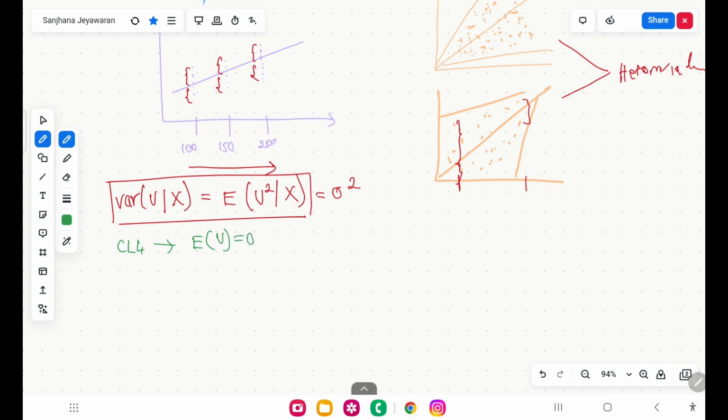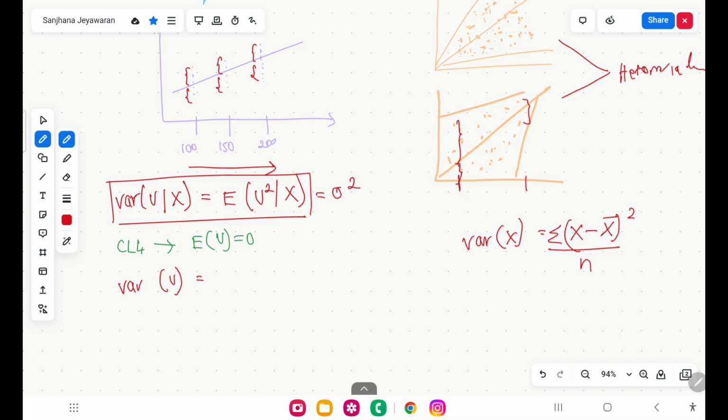Now guys, you all remember the variance formula. Variance of x is what? We take the x value minus x bar, then we take the square of it, find the summation and divide it by n. So if we want to find the variance of the error, it's literally the same.